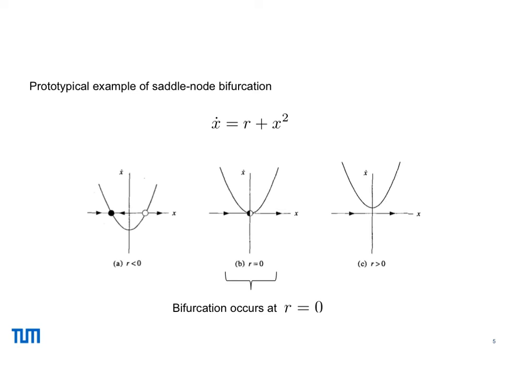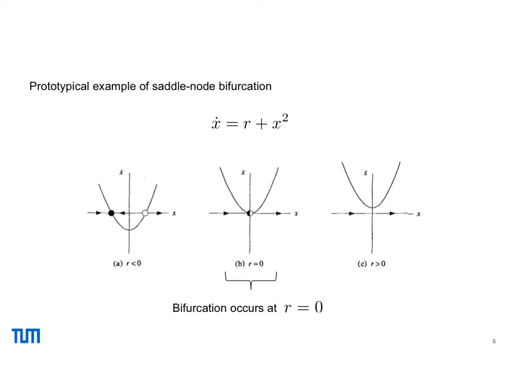You can have a function that is wavy, maybe a very high order polynomial, but at least in the vicinity, in a little portion of the function, you can describe it as an archetypal function: r plus x squared. This is going to be your archetypal function, and the parameter you are changing is r.